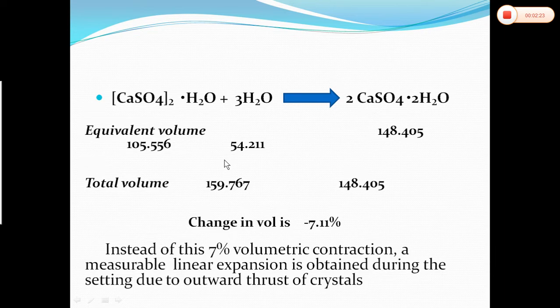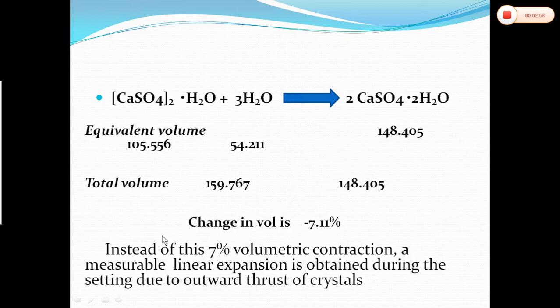The actual volume we have taken is 159.767, obtained by adding these two. But what we obtained is 148.405. Chemically, the volume will be decreased.